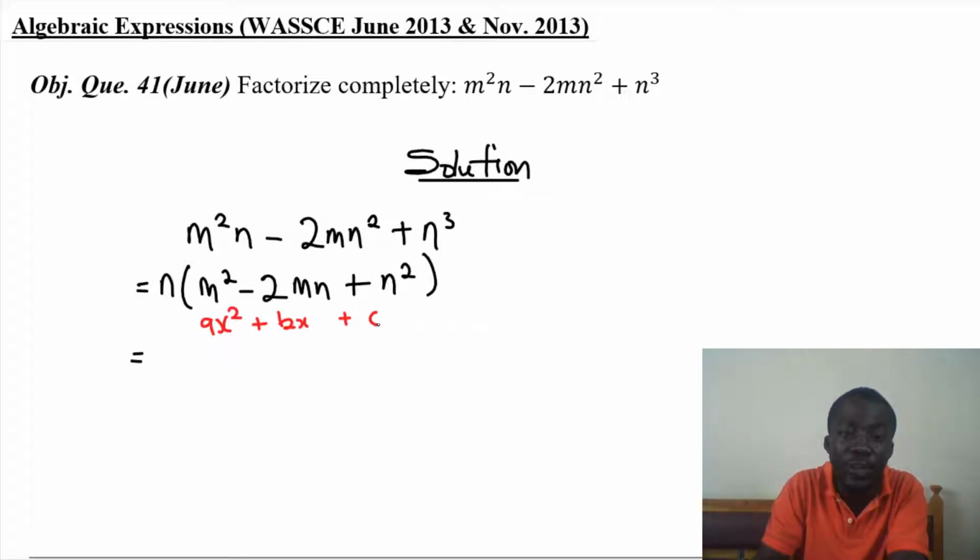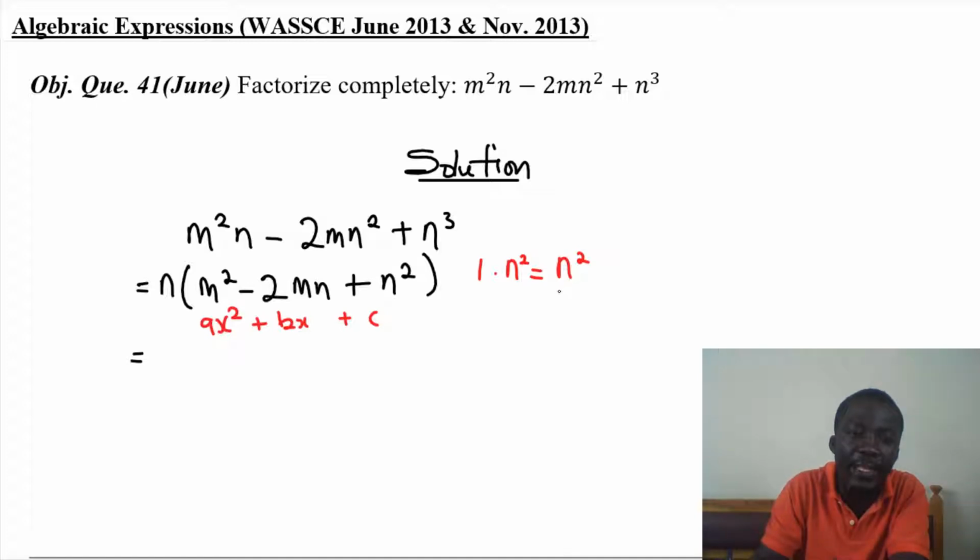And whenever we are solving a quadratic trinomial, what we do is that we multiply the coefficient of x squared, which in this case is m squared, by the constant term, which is n squared. And the coefficient of m squared is 1. 1 times n squared is going to give us n squared. Then the next thing we are going to do is to find two pair factors of n squared.